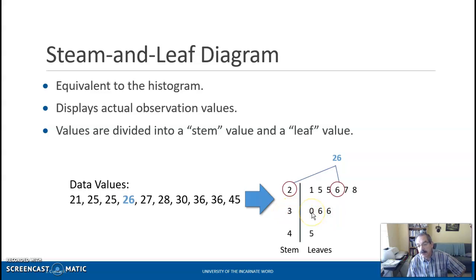So now you know there is a value of 30 and two values of 36, and there is only one value in the 40s range, and that is 45. So that's how the stem and leaf works. You find how you can divide these numbers into a stem and a leaf. And again, this is a very simple example where you can see very quickly how to divide the data.